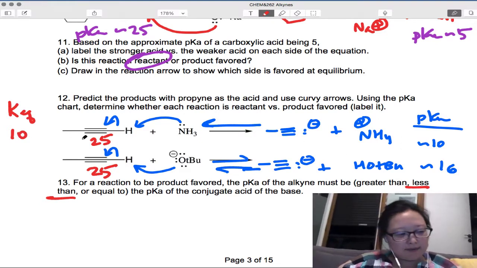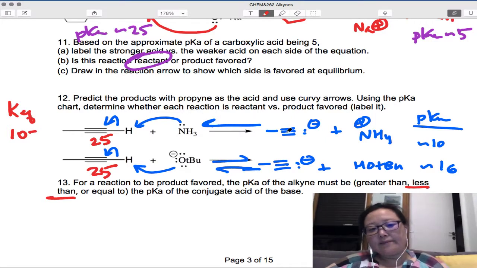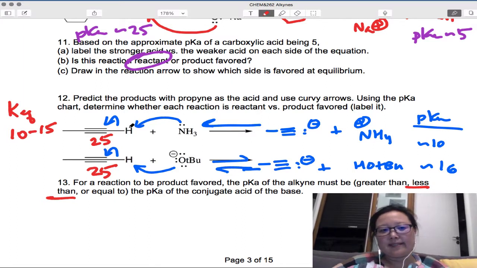I'm going to add a negative here because it's going to be less than 1 because I know it's going in this direction already. And then the difference is 15. So not very product favored at all. Not very spontaneous, right? So ammonia and alkynes don't really react very much.